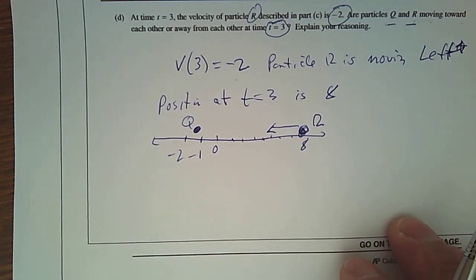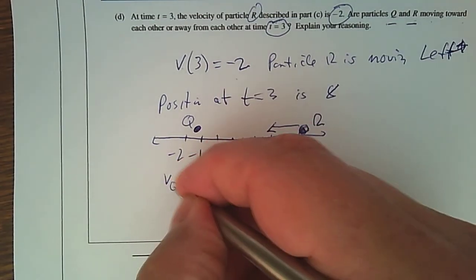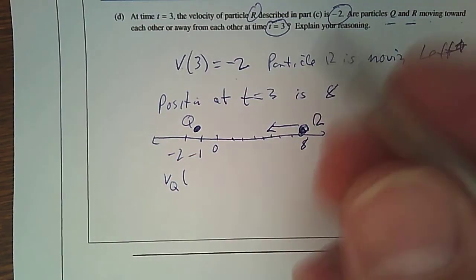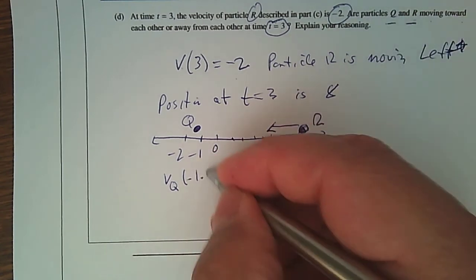Have we found that out? Well, we can find that out if we don't know it. So we need to go back to part A and that velocity equation. What we need to know is the velocity of Q at negative 1.490.